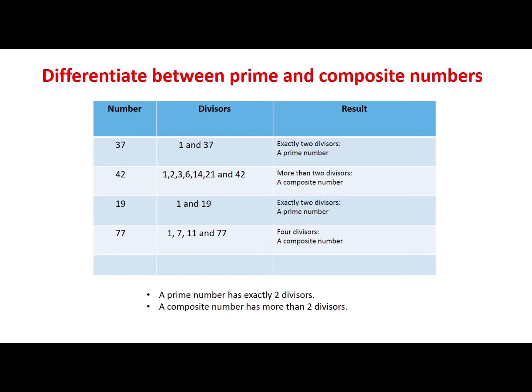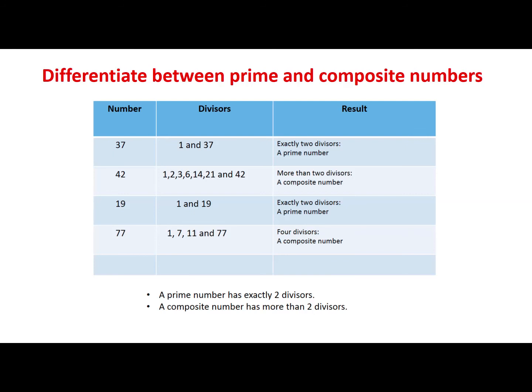In the second column, there are divisors of prime and composite numbers. In the third column is the result. So let's start. In the first row, there is the number 37. The divisors of 37 are 1 and 37. So it has exactly 2 divisors. So it is a prime number.